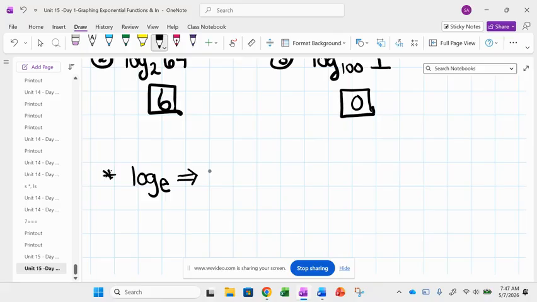It is always written as ln. So whenever you see ln, we need to know that this is log base e. And when you say ln, it's called the natural log.